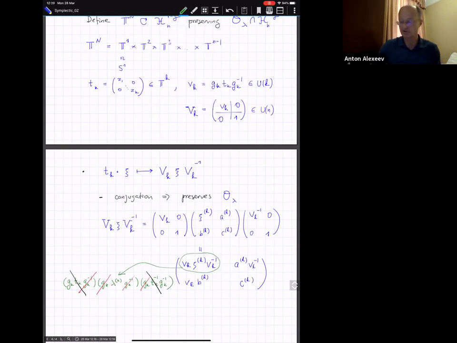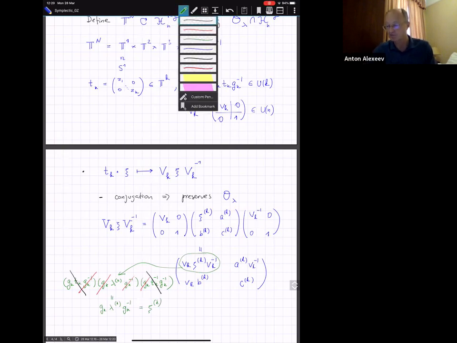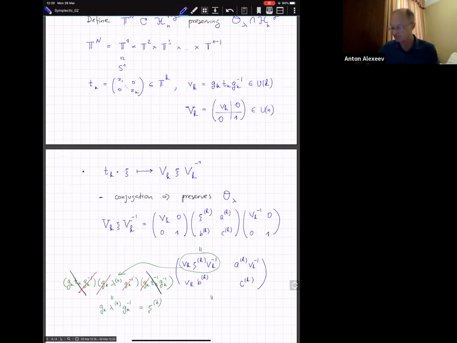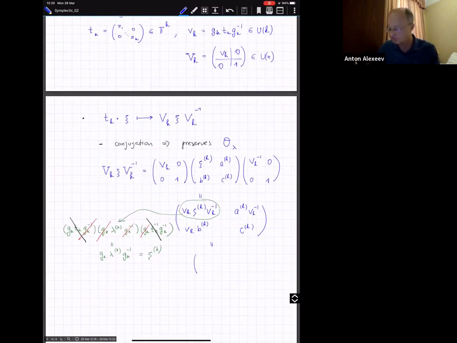And so this is simply equal to Gk lambda k Gk minus 1, and this is actually equal to psi k. So in fact, this action doesn't change that upper left corner.